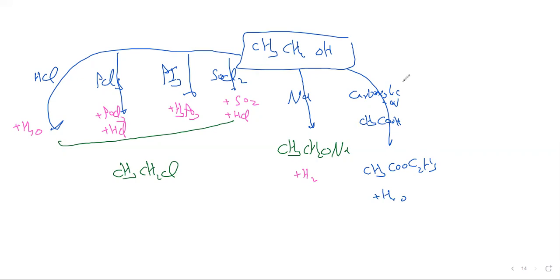This is making ester. And then, if reacting with hot aluminium oxide or concentrated sulfuric acid or concentrated phosphoric acid, you will find that it will produce alkene.